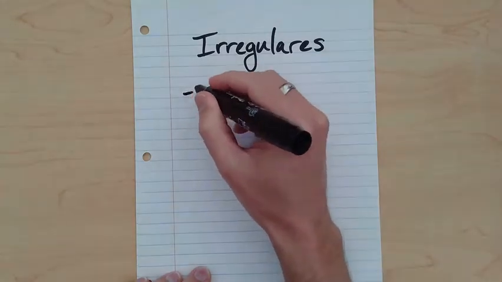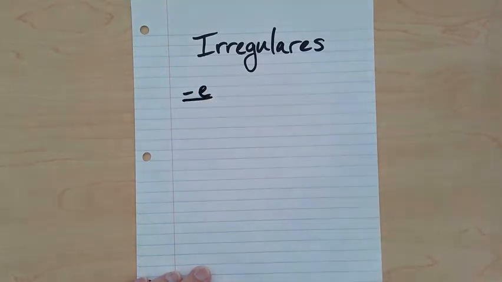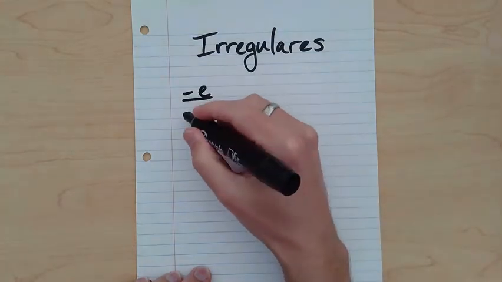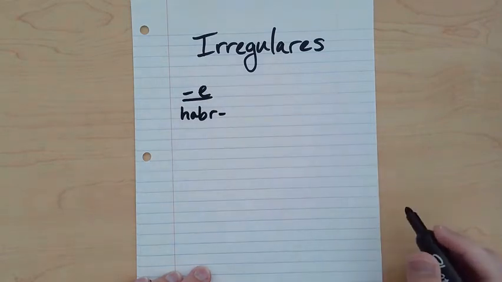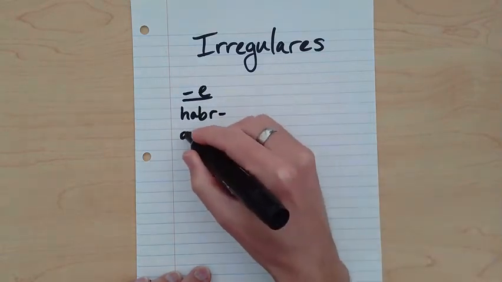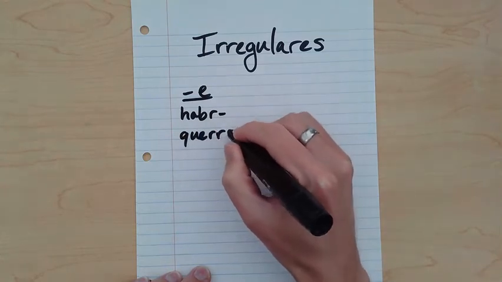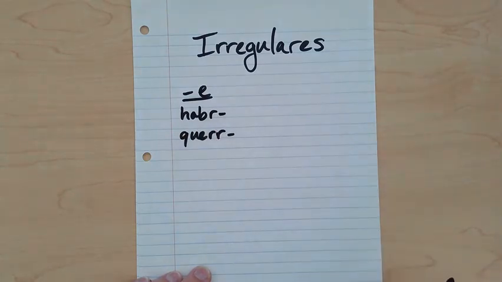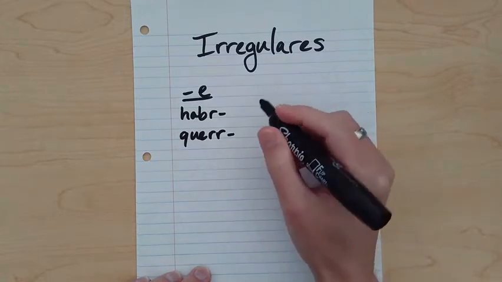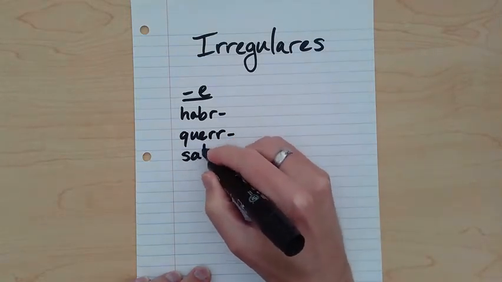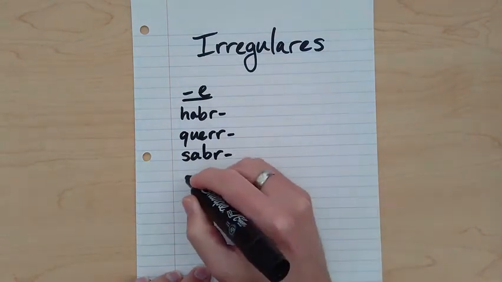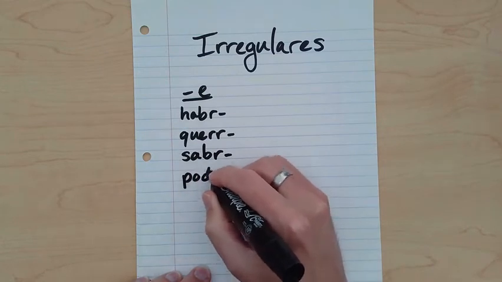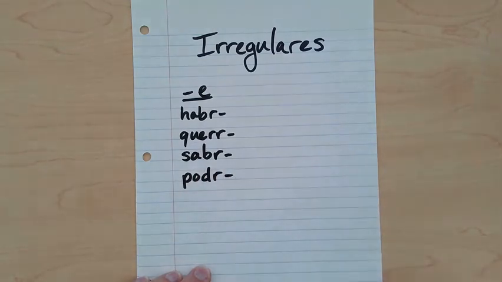So there are those which from its infinitive you're going to eliminate an E. Those include haber, which will become habr, querer, which will become querr, saber, which will become sabr, and poder, which will become podr.